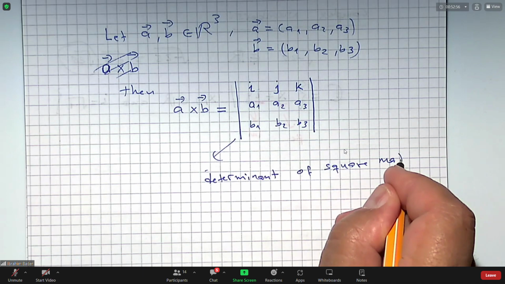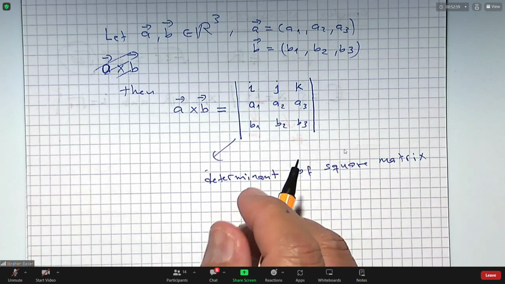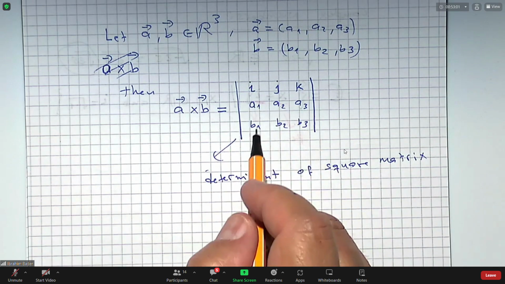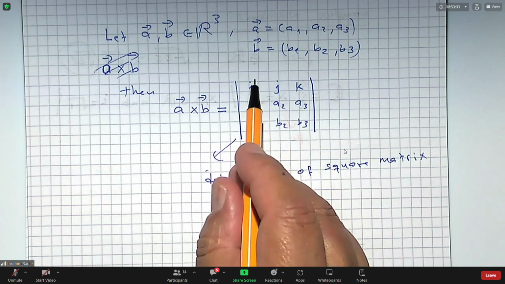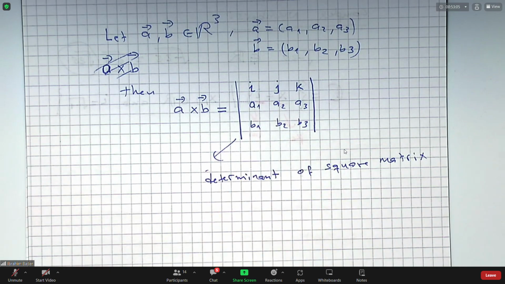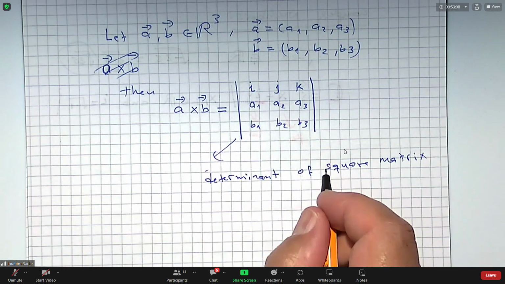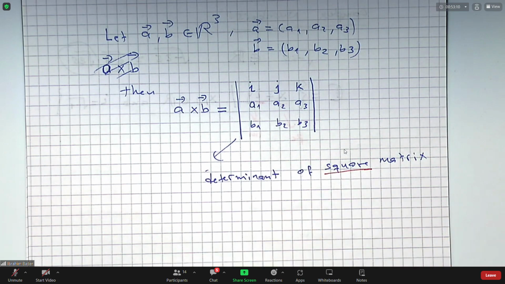It's a matrix that has the same number of rows as columns. So here we have 1, 2, 3 rows, 1, 2, 3 columns. So determinants are always defined for square matrices. For any other matrix that is not square, it makes no sense to talk about determinants.